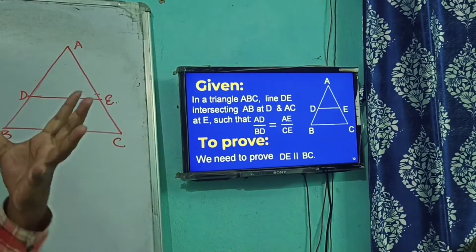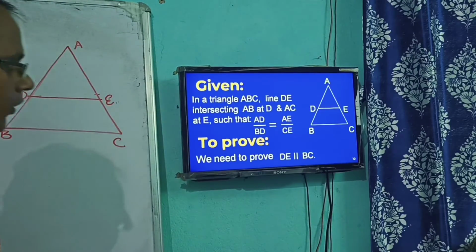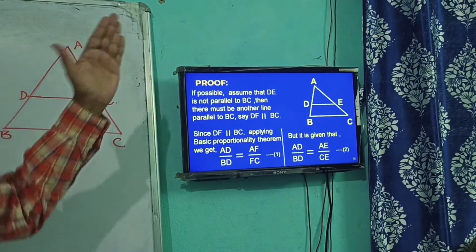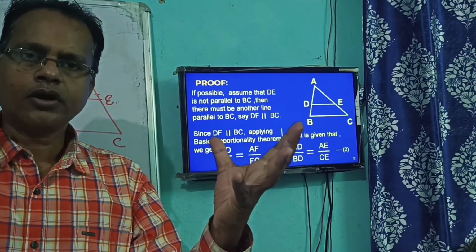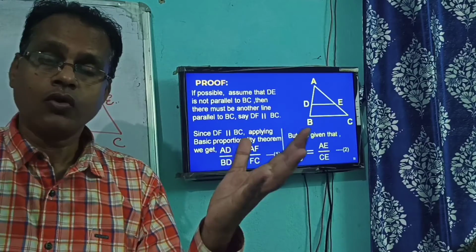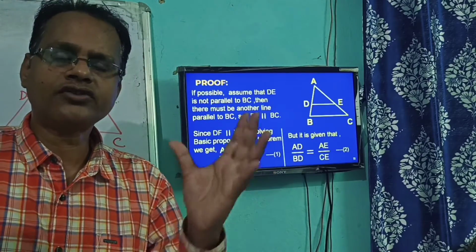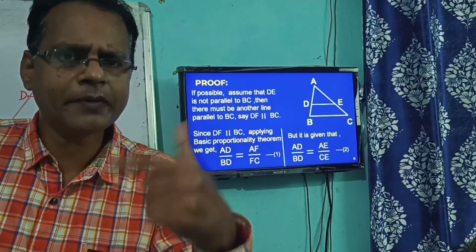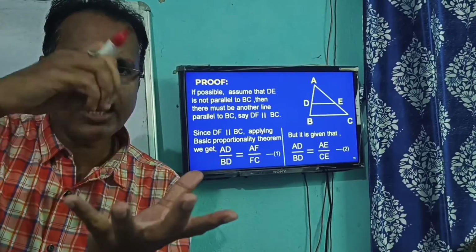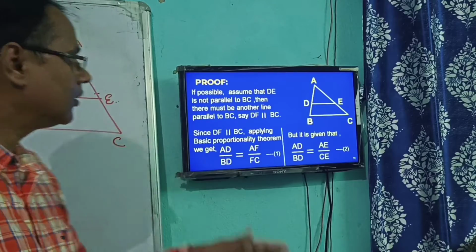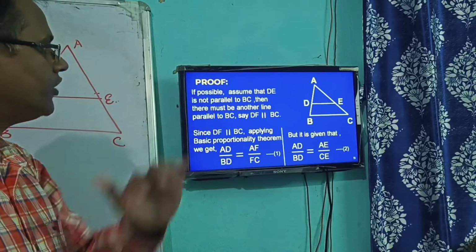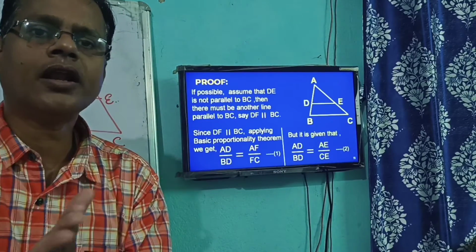Now let us come to the proof part. Come to that contradiction proof. What will we assume? We will assume the negation of the statement. Actually we have to prove DE is parallel to BC, but let us assume the negation. If possible, assume that DE is not parallel to BC.